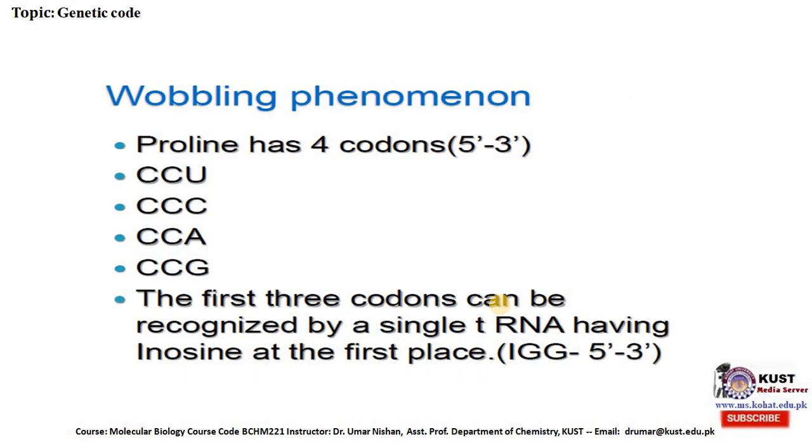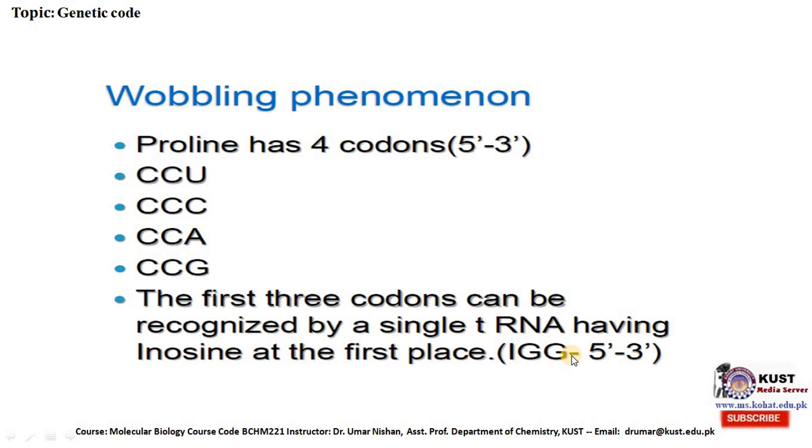Now, wobble phenomenon: proline has 4 codons CCU, CCC, CCA, CCG. The first 3 codons can be recognized by a single transfer RNA having an I sign at the first place, IGG 5' to 3'.